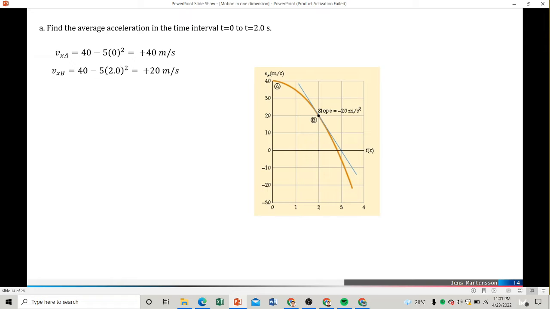And we can also calculate the value of velocity here at B. Using the final time, which is equal to 2 seconds, we get Vxb equal to positive 20 meters per second.